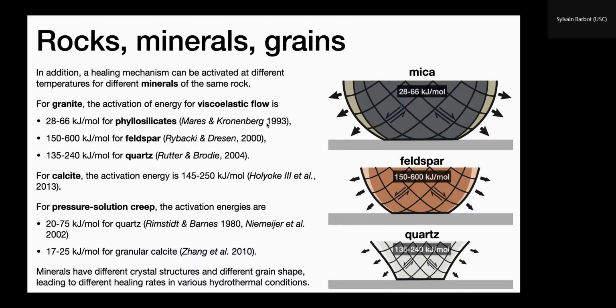Pressure solution creep is also well documented for quartz and calcite with very low activation energies. And I should have mentioned this subcritical crack growth is also well documented. The activation energy of that is well documented through the review paper of Atkinson in 1984, which documents the activation energy for many different rock types, actually.